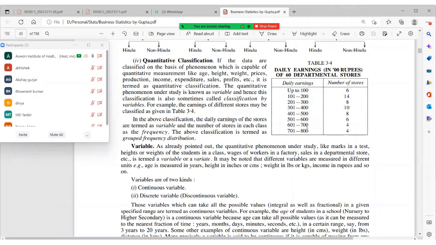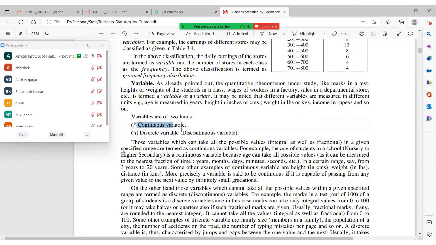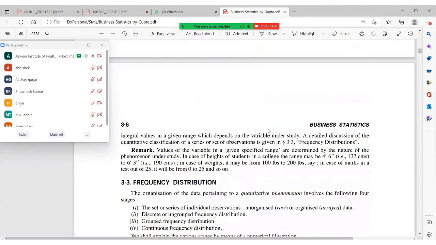If we are calculating the mean, what is the mean? We have to find the mean of daily earning, not the number of stores. So this is the variable which varies. I already told you there are two types of variables, continuous and discrete series. I've already discussed it.